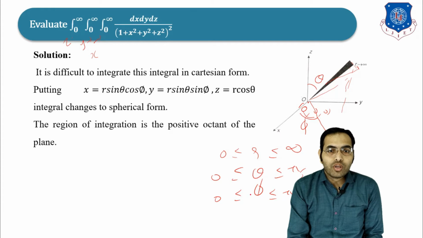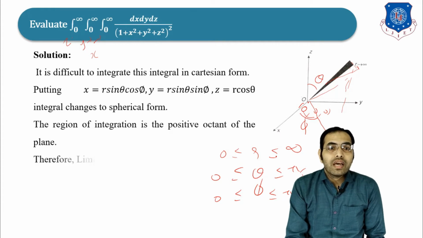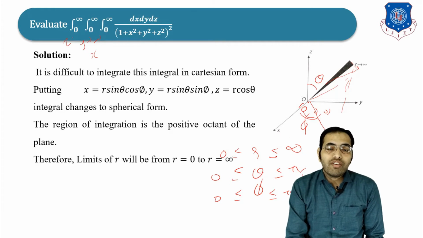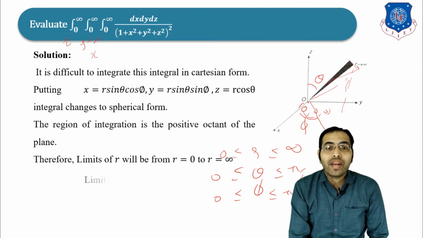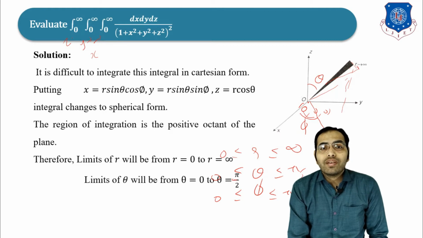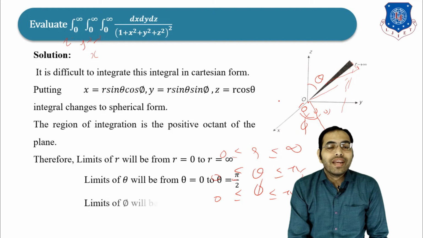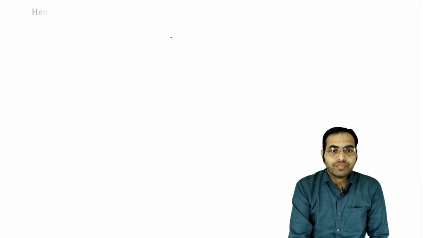Now substituting all these limits into our original triple integral and reducing it, our function has 1 plus x square plus y square plus z square. Here x, y and z are replaced by r sin theta cos phi, r sin theta sin phi and r cos theta, and in reduced form it will give r square.